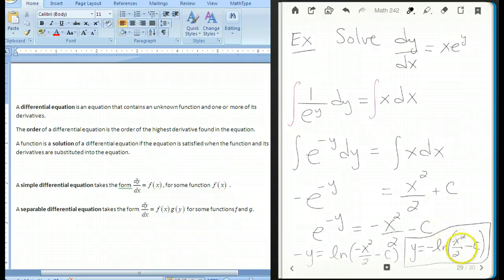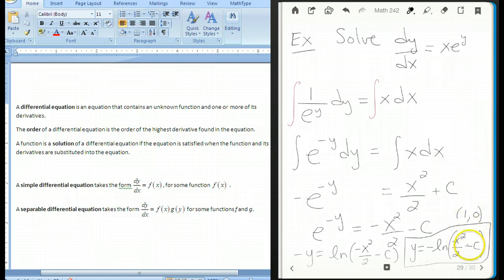But if we had another piece of information about this function y right here, if we knew a point it passed through or something, then we could actually find the particular solution and actually get a specific value of c, right? And so just for your own practice, maybe, why don't you find the particular solution for this function here passing through the point, let's just say for fun, 1, 0.